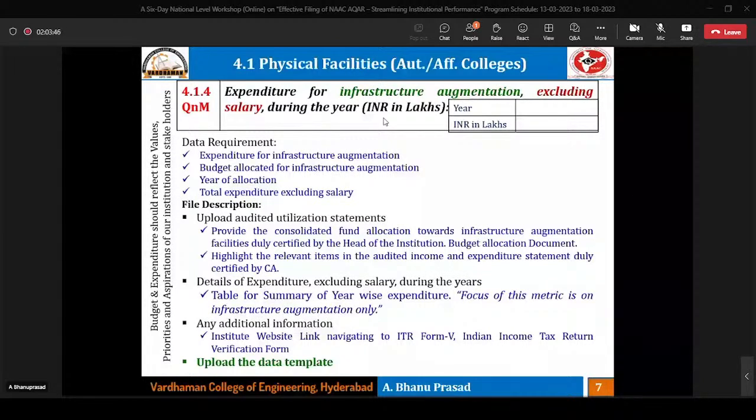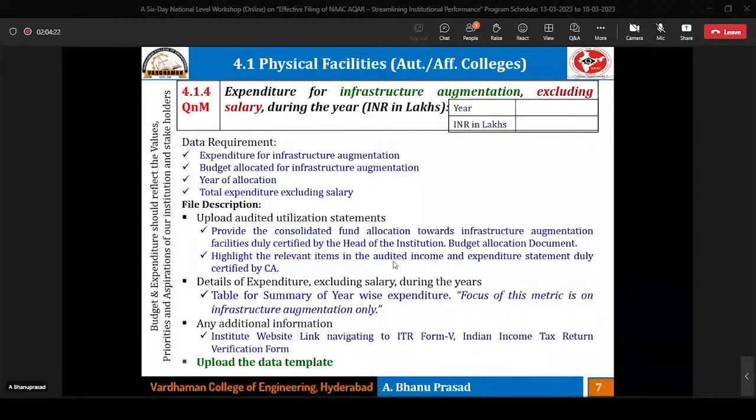So expenditure for infrastructure augmentation, budget allocated, year of allocation, and total expenditure excluding salary should be posted, where the budget is posted by the principal, the head of the institution. The budget allocation document can be uploaded. And once it is expended, it is to be certified by the authorized chartered accountant. So those are to be uploaded with the audited income and expenditure statement highlighted.